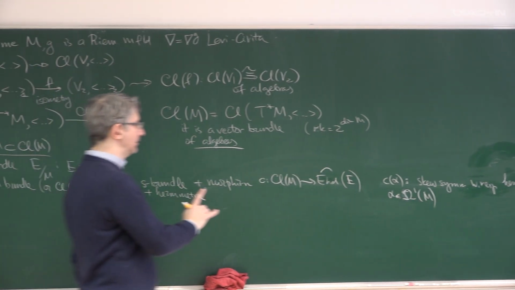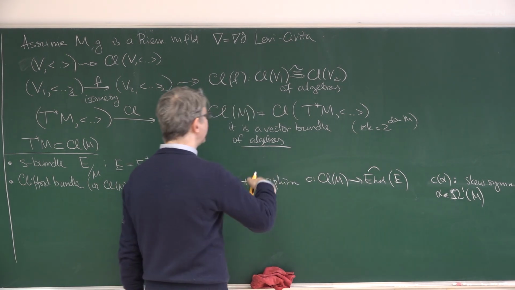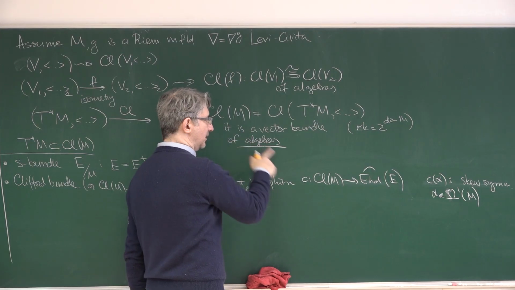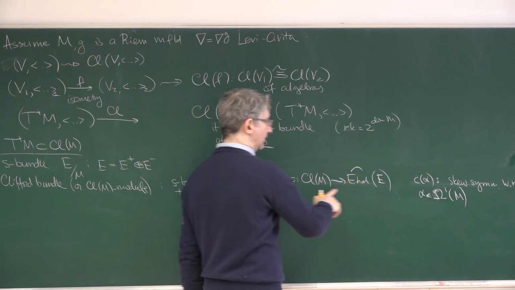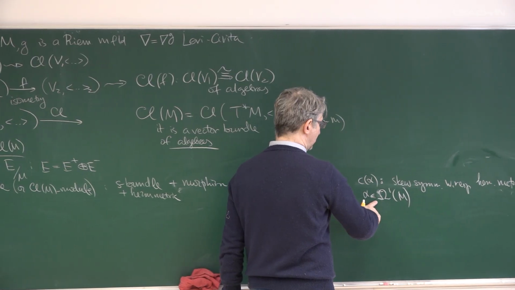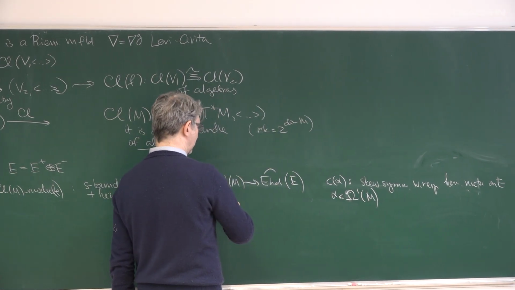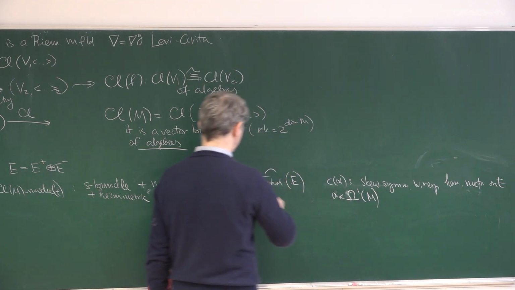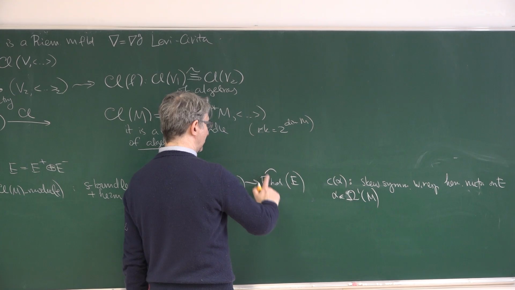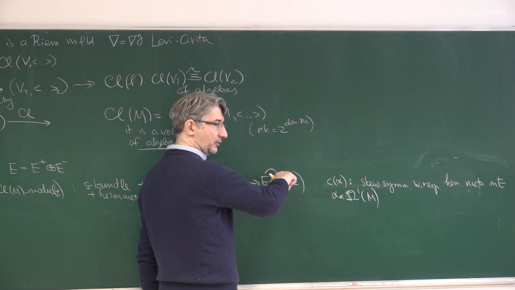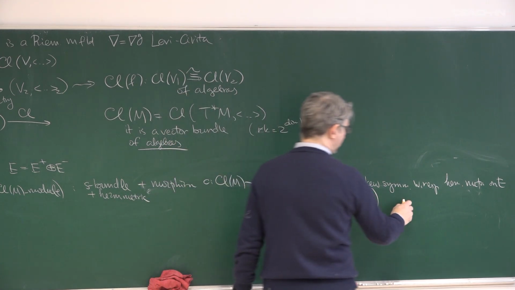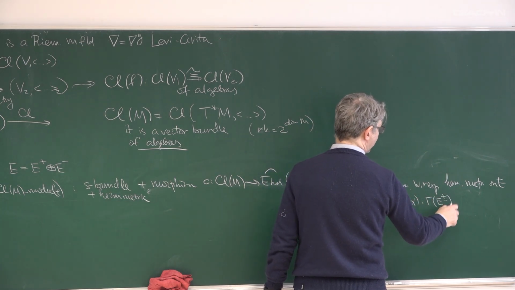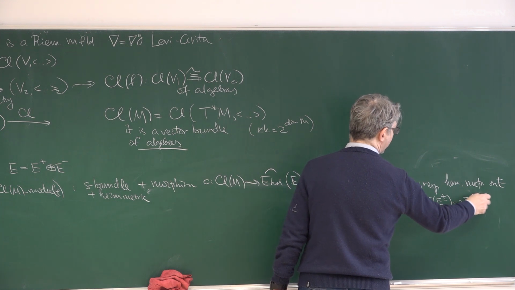A Clifford bundle is a bundle which is equipped with an action of this algebra. In Cl(M) there are sections of the cotangent bundle, and the sign changes here because the endomorphisms are graded, so with a hat. So c(alpha) maps sections of E plus or minus to sections of E minus or plus.